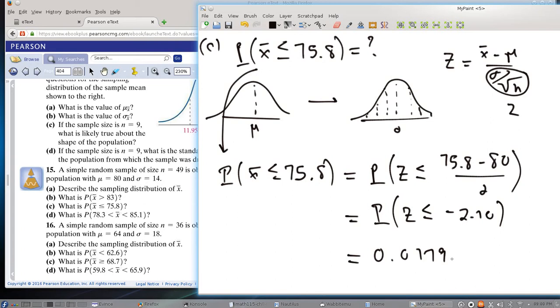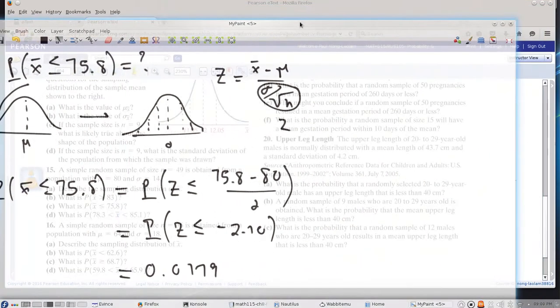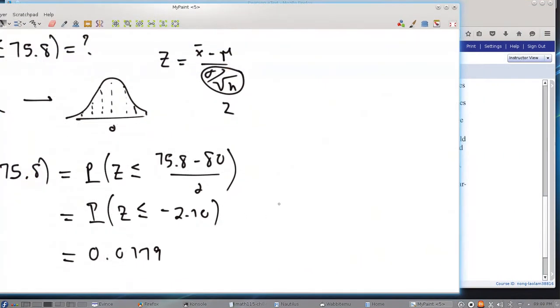Okay. Let me write this one more time. So here's the interpretation for this result.